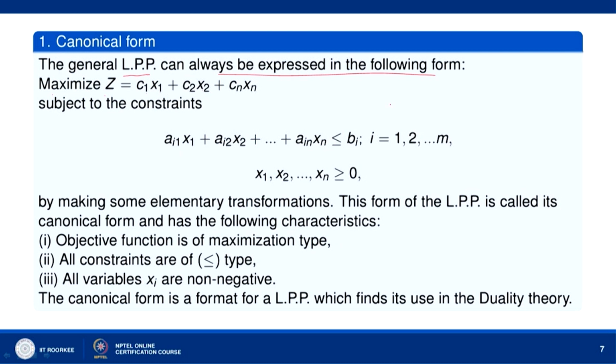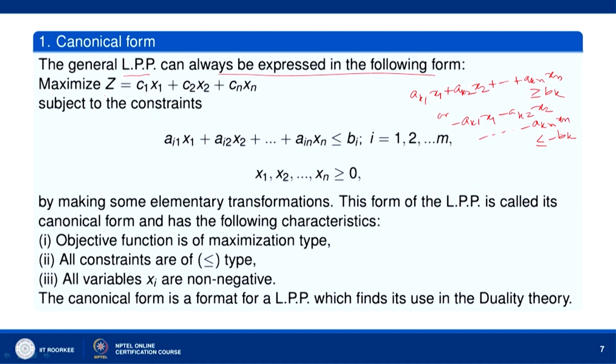Say for example, a certain constraint a_k1 x_1 plus a_k2 x_2 and so on a_kn x_n greater than or equal to b_k is there in the LPP, then we will write it as minus a_k1 x_1 minus a_k2 x_2 and so on minus a_kn x_n less than or equal to minus b_k.